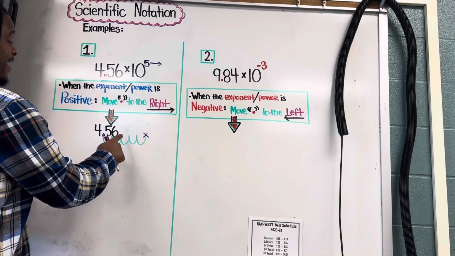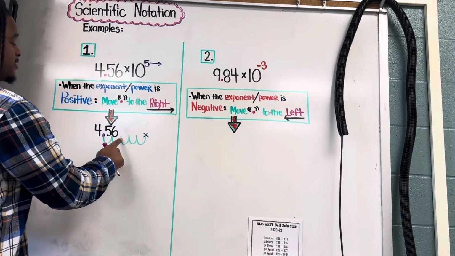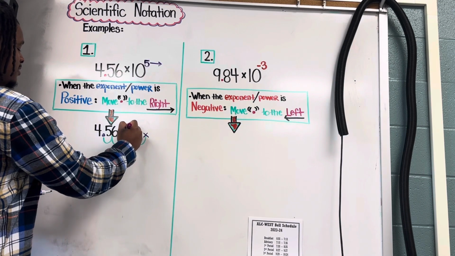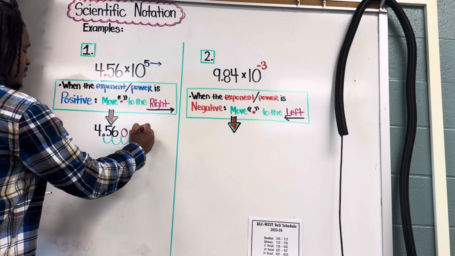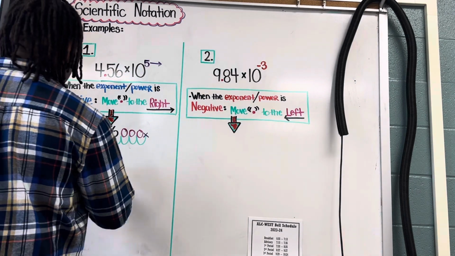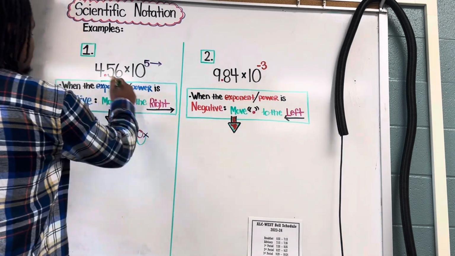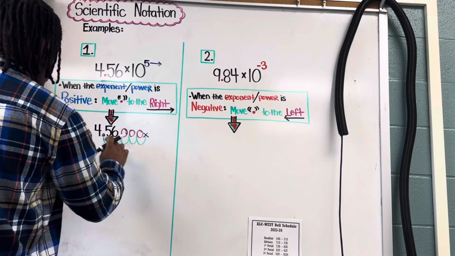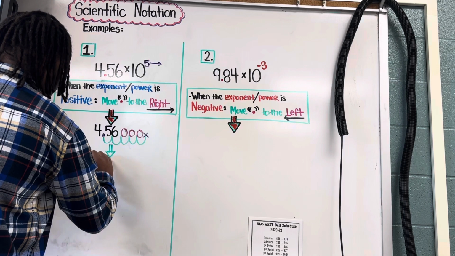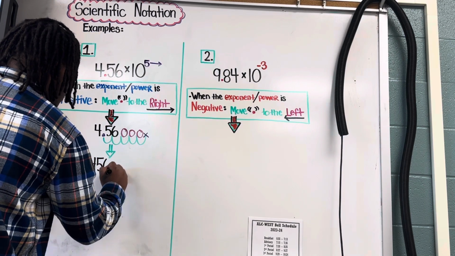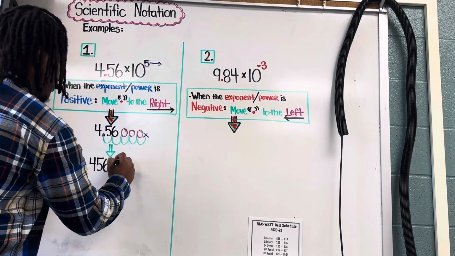Now, I have to fill in these particular slots with zeros, okay? Because they're empty, I must fill them in with zeros, okay? So, the number that this whole expression, scientific notation, represents is actually 456,000.